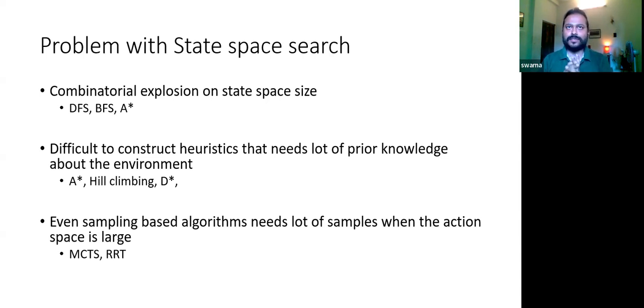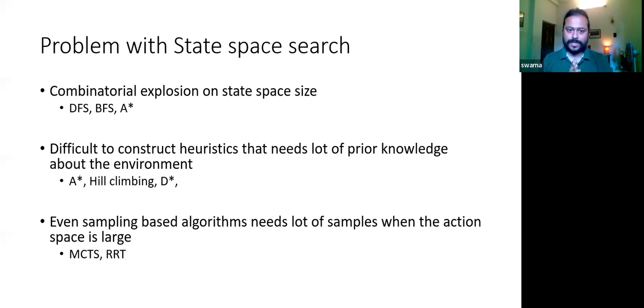A star search is also state space search, but it takes the help of a heuristic. It estimates the cost of traveling from the root state to the current state, and then it estimates what will be the cost of traveling from the current state to the goal state.